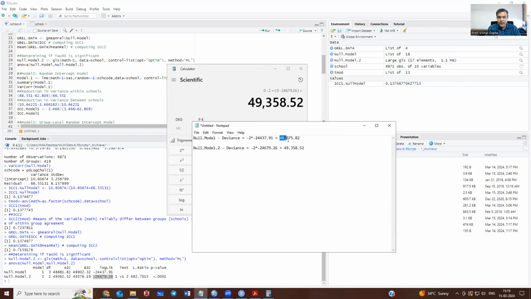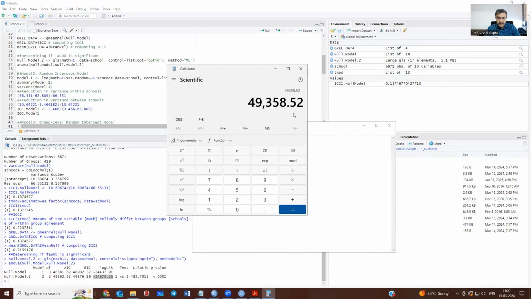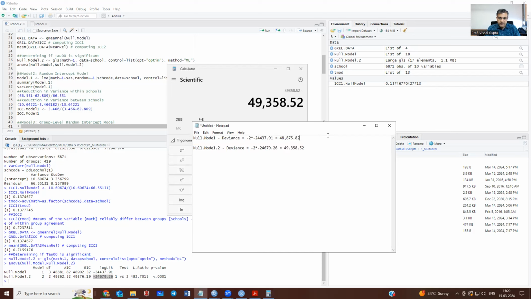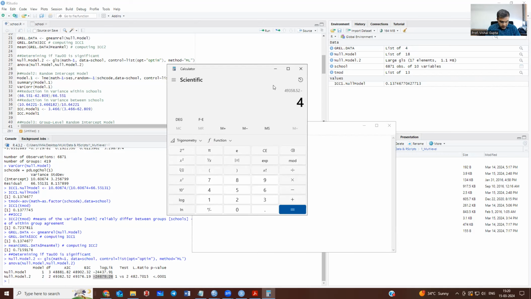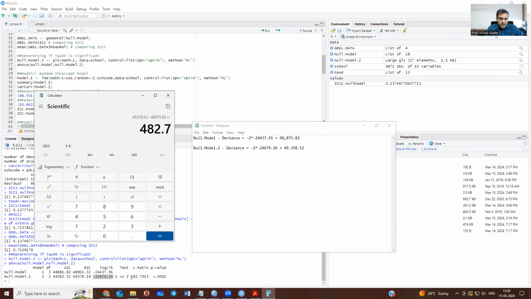Now if I calculate the difference, let us do that. 49358.52 minus what was the first deviance? Sorry, minus 48875.82. You get 482.7. Can everybody see? We are getting this result 482.7.